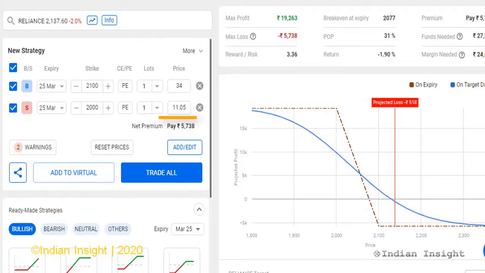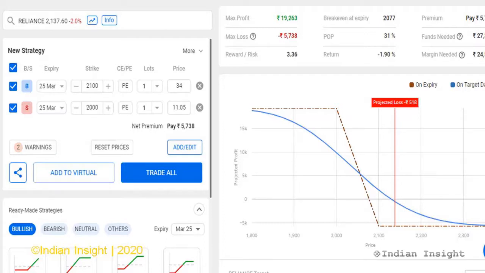Since you buy the 2100 put and sell the 2000 strike put, there will be a net outflow from your account to initiate this strategy. In this case, you will be paying the net premium of around 5738, which is the difference between the price of the two puts multiplied by the lot size of 250.